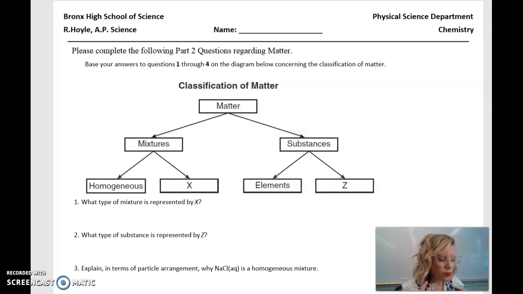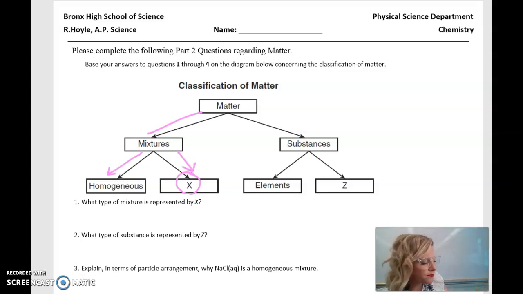So question 1 says, which type of mixture is represented by letter X? So again, we want to take a look and locate letter X, okay? And you'll notice that it goes from the matter to the mixtures side. And we see that mixtures is subdivided into homogeneous. And so what is our other type of mixture? And again, this is where I'm saying you don't need to write a lengthy sentence.